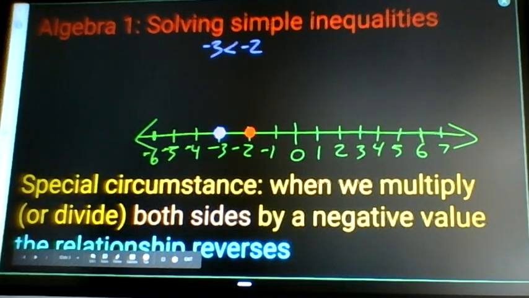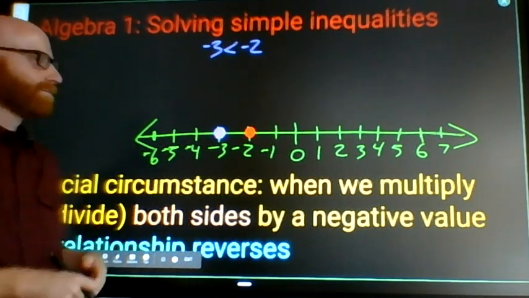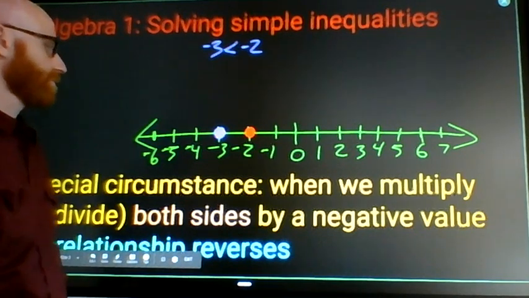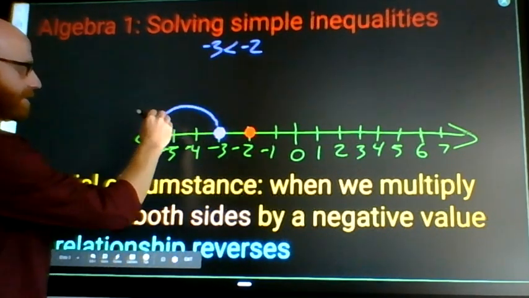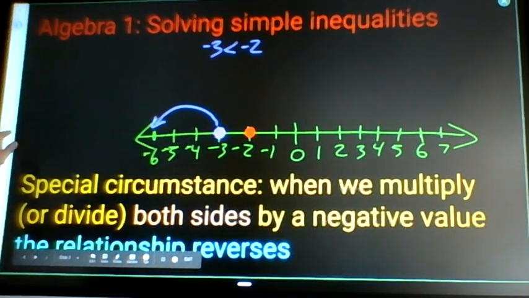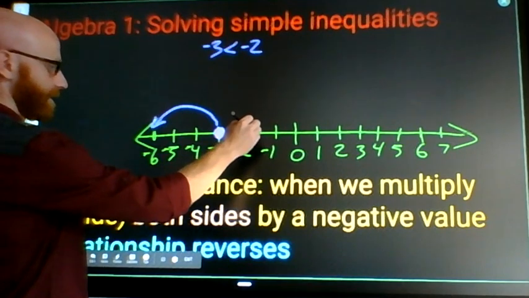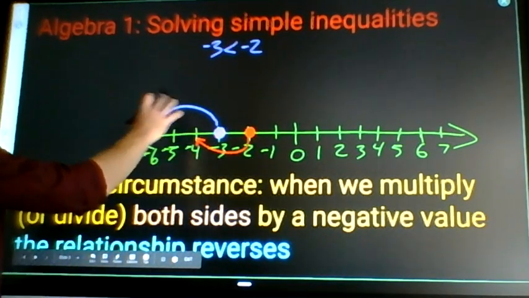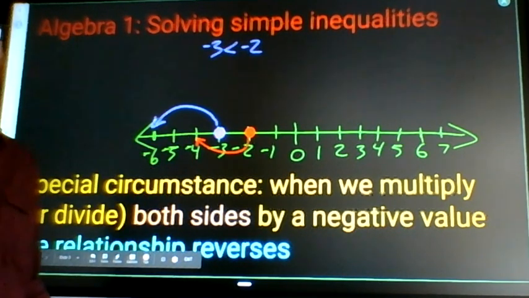Now, if I take those numbers and multiply them by positive 2, I will end up with negative 4 and negative 6. Still the purple is smaller than the red, just like when they start.